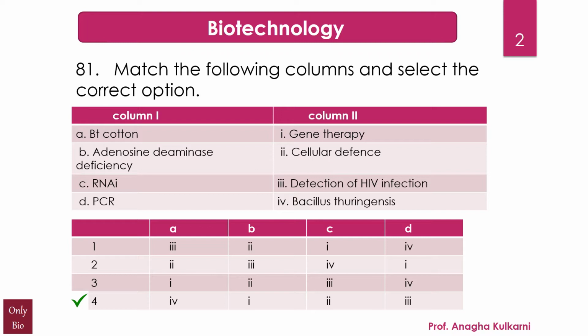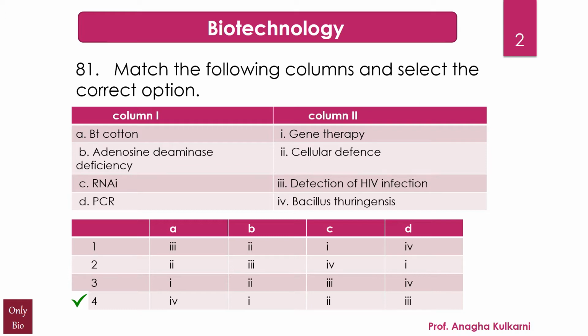You'll have to remember this deficiency can result in a buildup of dATP in the cells, and developing T cells and B cells, which are the most mitotically active cells, are highly susceptible to this condition because this prevents the DNA synthesis process.